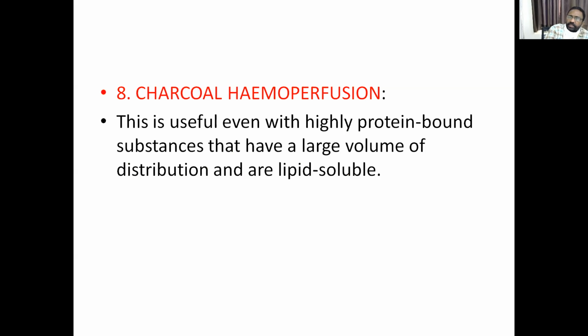So this is the treatment part of any poisoning case. If you understood this, any doubts you can ask. The treatment part is very, very important in any drug poisoning case. The prime duty of the medical graduate is the treatment and care of the patient.